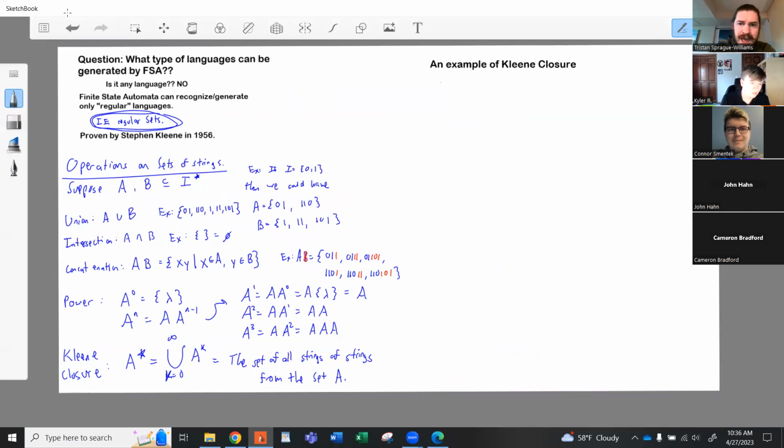If we take our set A that I defined over there, which is 0, 1, and 1, 1, 0, then A star will equal A to the power 0 union with A to the power 1, union with A squared, union with A cubed, union with A to the power 4, etc. forever, right? Union from 0 to infinity, all of those powers of A. And so what this will contain is lambda.